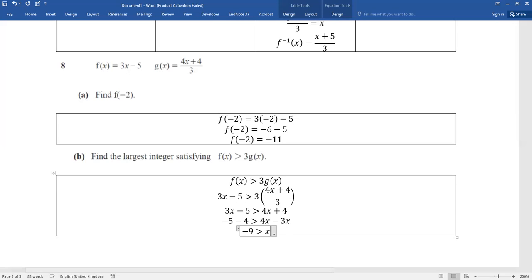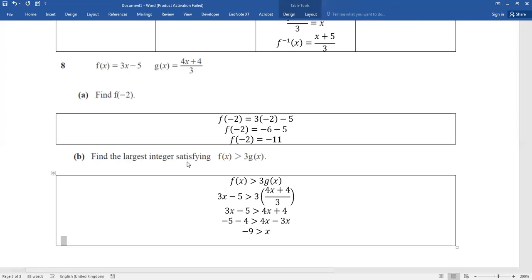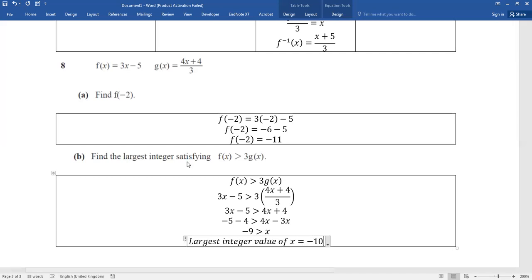All these integer values are possible for x. Now, out of all these integer values, what is the largest integer value that x can take? -10. I'll say largest integer value of x is -10.